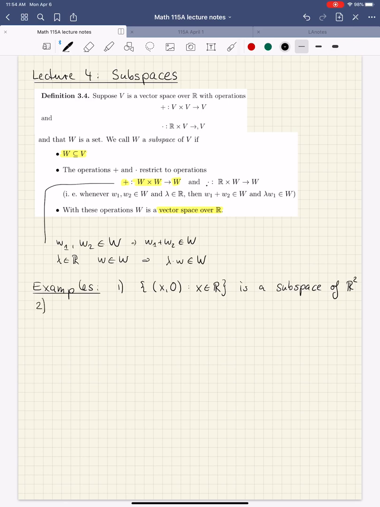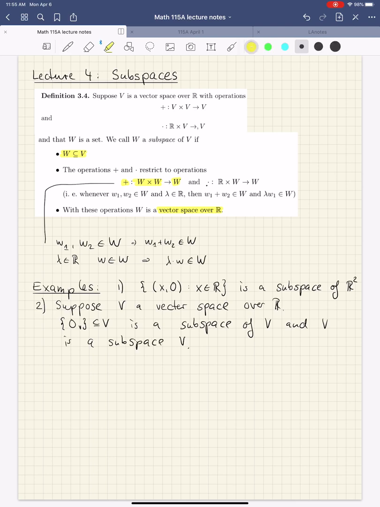Secondly, and this is something that is true for every vector space, suppose we have V, a vector space over R. Then if we take the set {0_V}, which is a subset of V, this is always a subspace of V. Well, and also the full space is always a subspace, so V is a subspace.